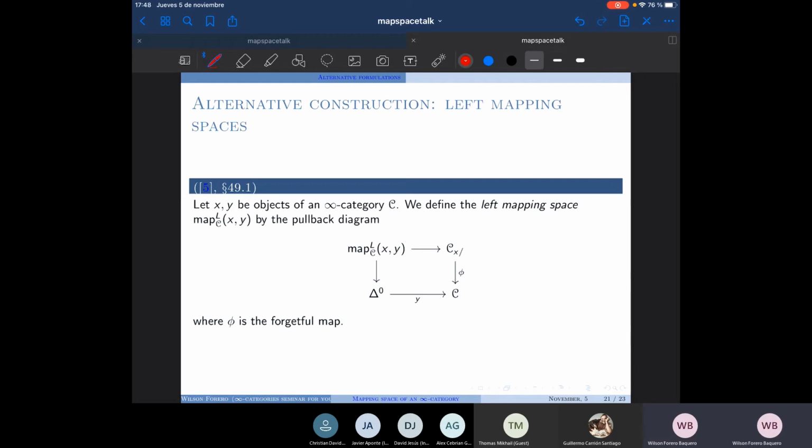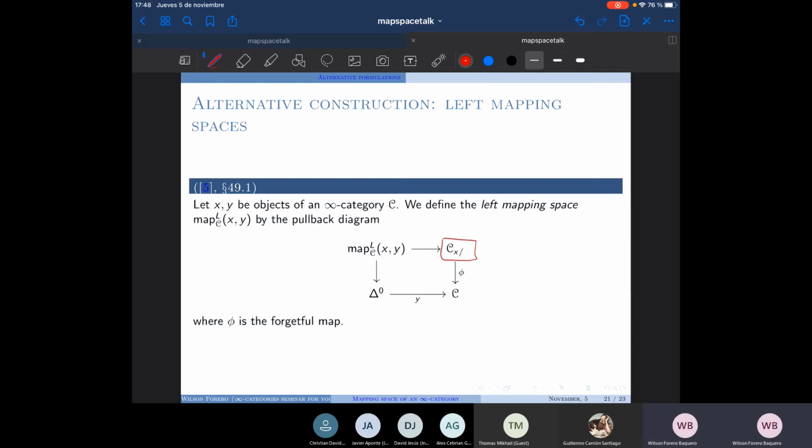Construct the mapping space inside the category, because the previous construction was inside the category of simplicial sets, and using some conditions, some properties, and some construction, we can deduce that the mapping space in fact is a Kan complex, right? Now we want to do it inside the category. So how can we do that? We take the co-slice category of C over a point X, and we have a forgetful functor.